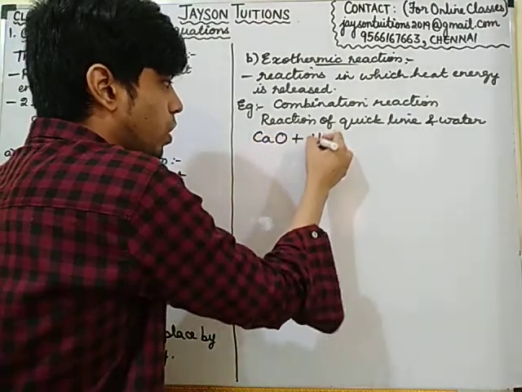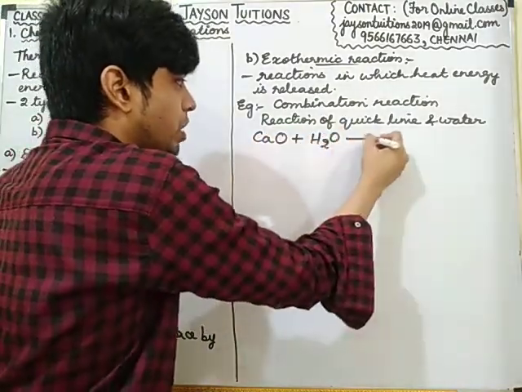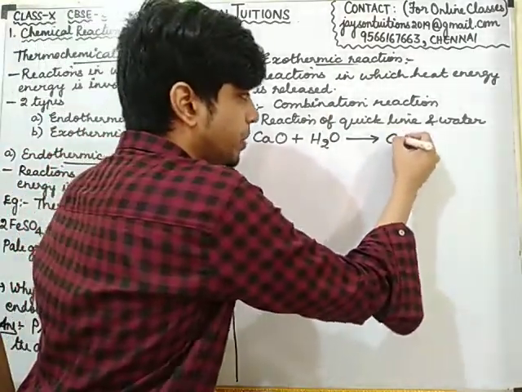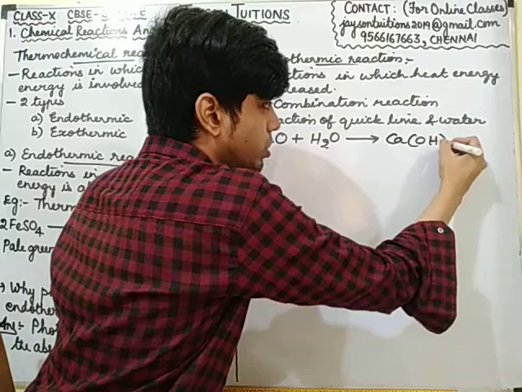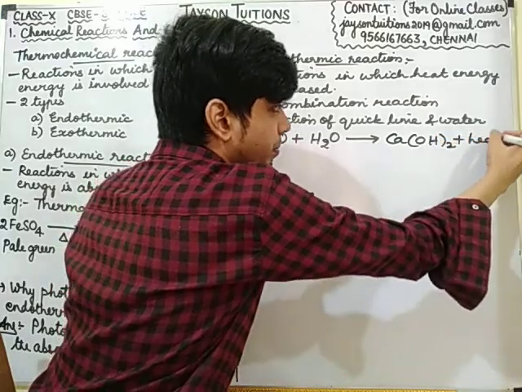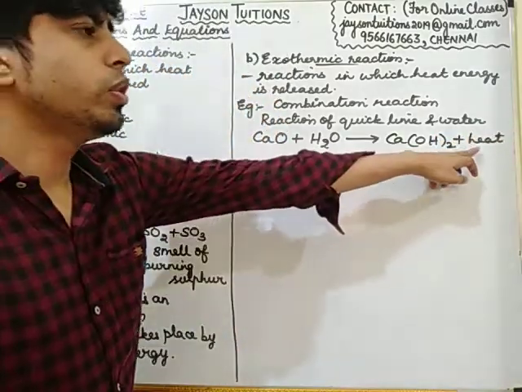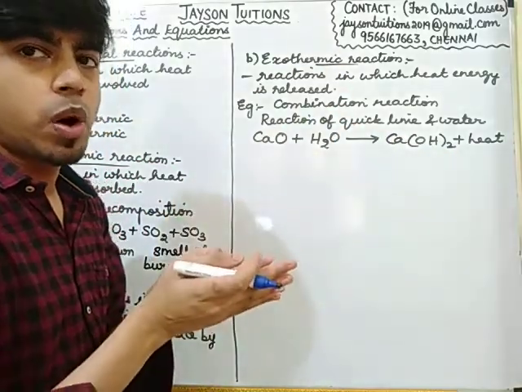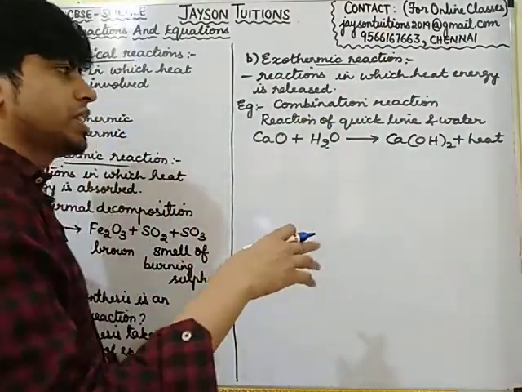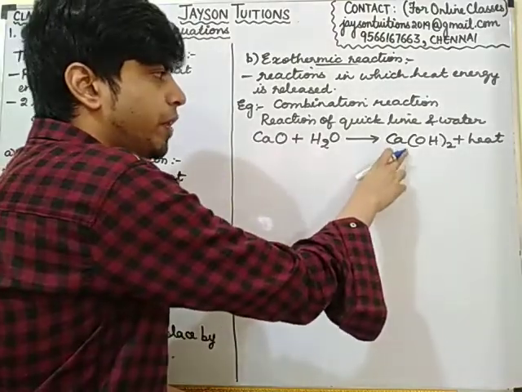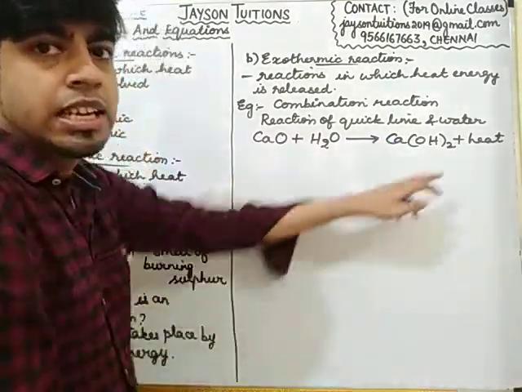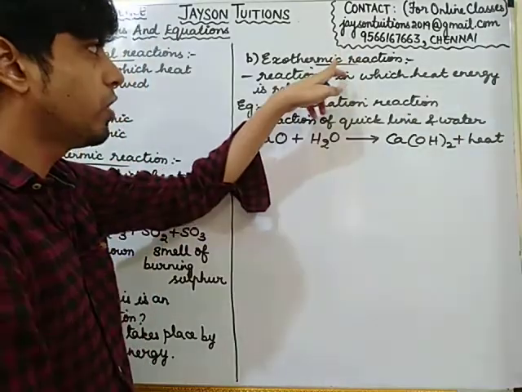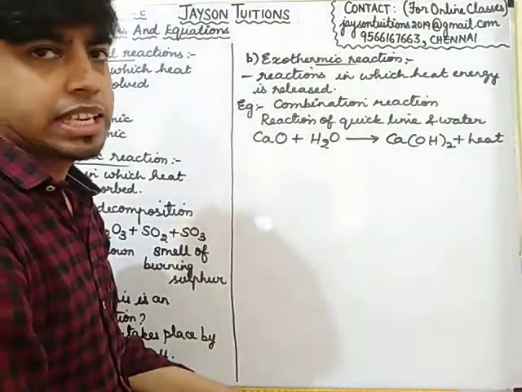CaO plus water H2O gives Ca(OH)2 plus heat. There I told you heat is released, and the beaker also will become warm. That is the observation. So this is an example for combination reaction. Since heat is released, we can also say it is an example for exothermic reaction.